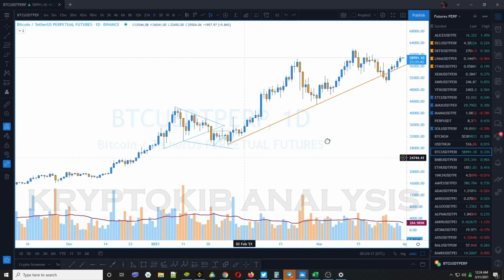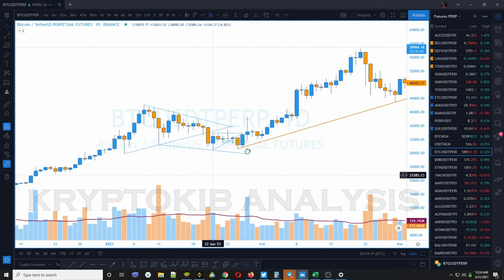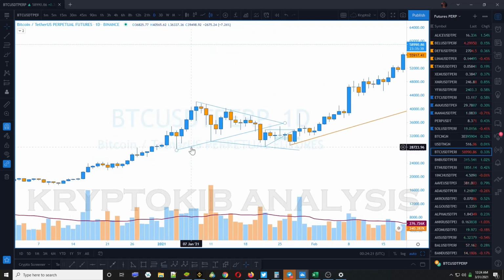See one last example here. See this trend line here, this particular one. This one I was connecting these lows and this low. When it broke here, what did we see?